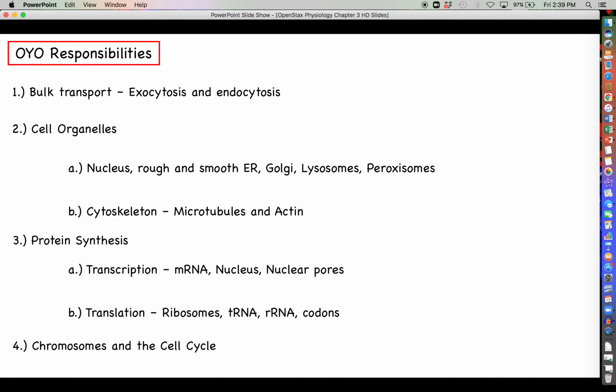And then the very last thing here is chromosomes and the cell cycle. Now, for the cell cycle, I'm not expecting you to be able to recite word for word all the different things that happen during the cell cycle: interphase, prophase, metaphase, anaphase, telophase, cytokinesis, and all that good stuff.